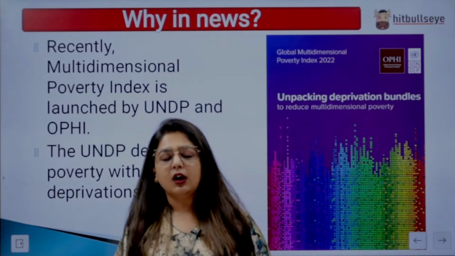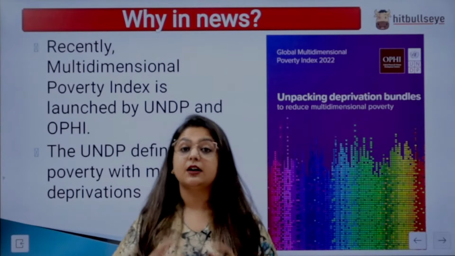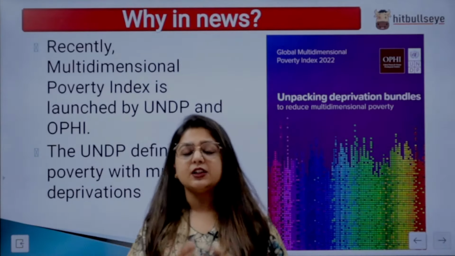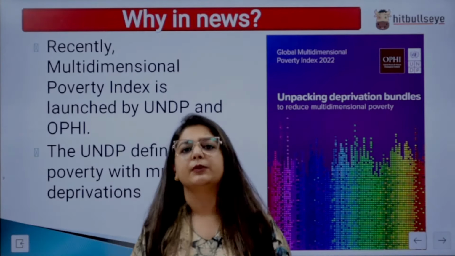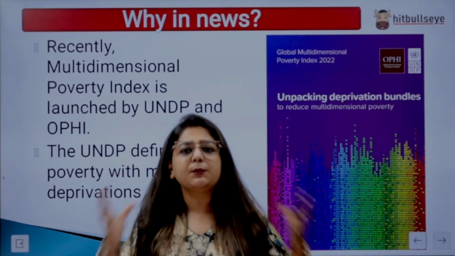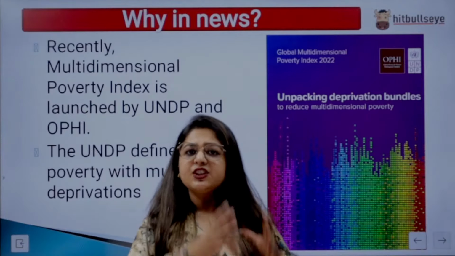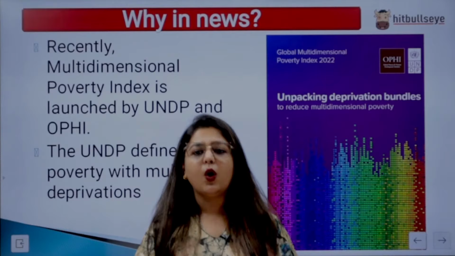So these two organizations have launched this report, and it is a widely used report whenever we take into account the poverty alleviation measures in any economy. This report gives a clear picture of all the policies and schemes launched by a government, and is a check on whether they are working well in the economy or not.